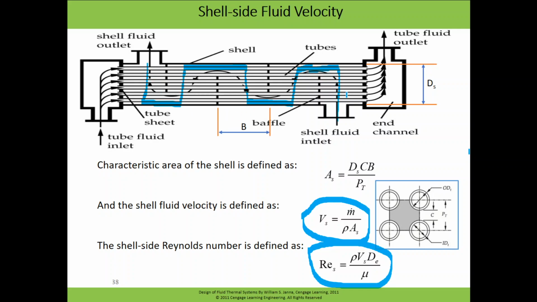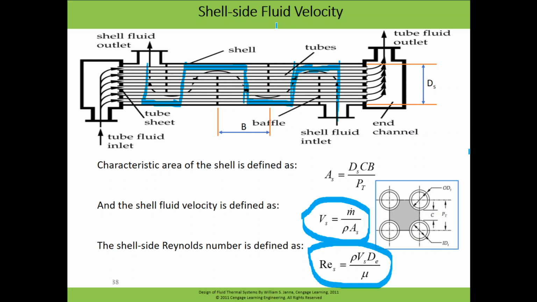If we consider the total length of flow for the fluid, it is traveling one diameter here and then one diameter here and then one diameter here and then one diameter here and then one diameter here. So how many diameters? 1, 2, 3, 4, 5 diameters it is traveling.